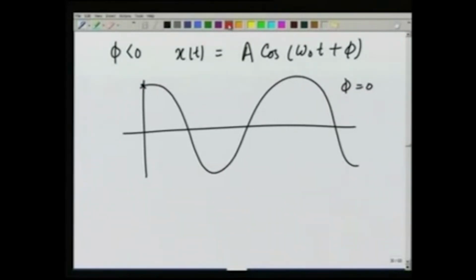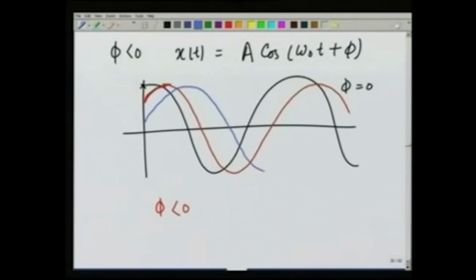So let us plot the case of phi less than 0. It would look something like this. The motion is such that it is achieving the phase which it had at 0 time, in this case phi equal to 0 case, slightly later. If I keep increasing the phase, this would be something like this, and so on.